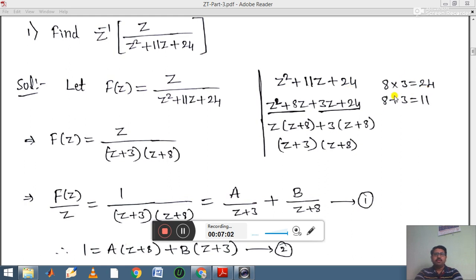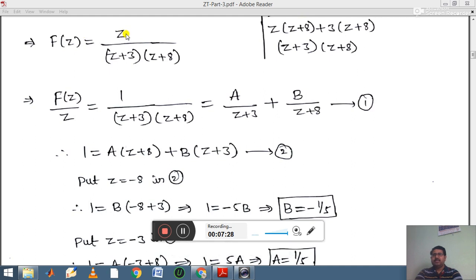So use this and find the factors. The factors for this quadratic equation are z plus 3 into z plus 8. So in place of z square plus 11z plus 24, you replace z plus 3 into z plus 8. Therefore your above expression becomes F of z is equal to z by z plus 3 into z plus 8.